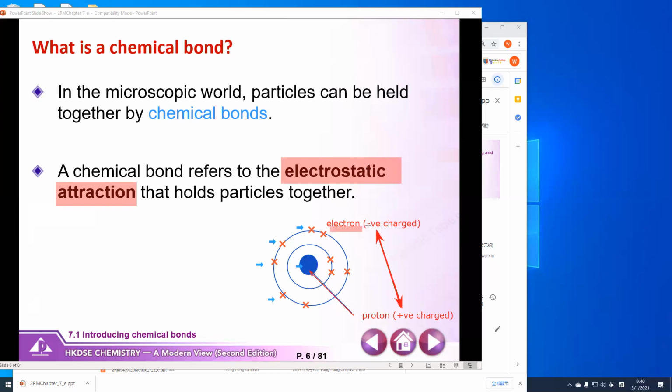Usually, you see that positive charge can attract negative charge things. 即係正電荷嘅嘢同負電荷嘅嘢會吸埋一齊嘅。I expect you know this. When I have positive things, I attract negative things. They're attracted together. Electrostatic attraction, 所以佢就可以 hold particles together.